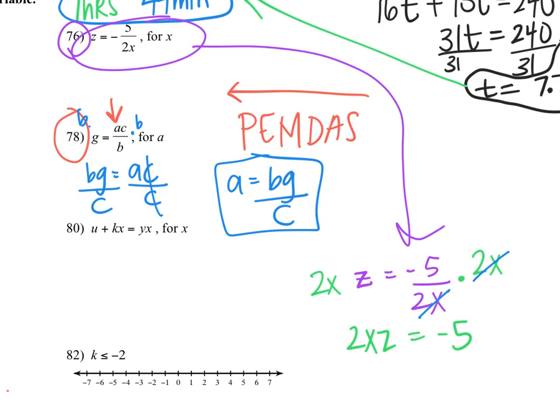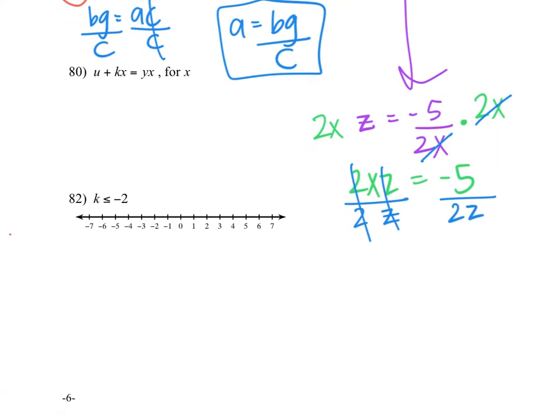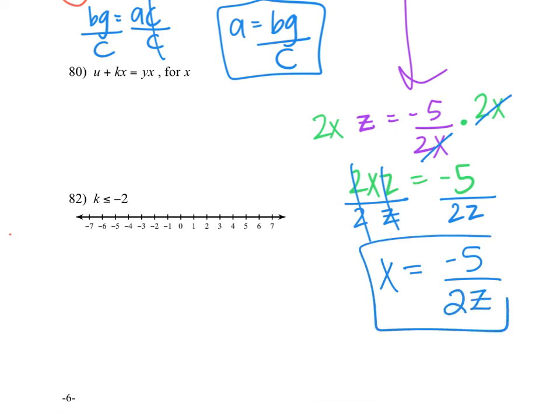Okay, and in order to get x alone, I'm going to divide by the two terms that I do not want. So I'm going to get rid of the 2 and the z, and I'm going to divide by 2z. And so now my answer is actually x equals -5 over 2z.